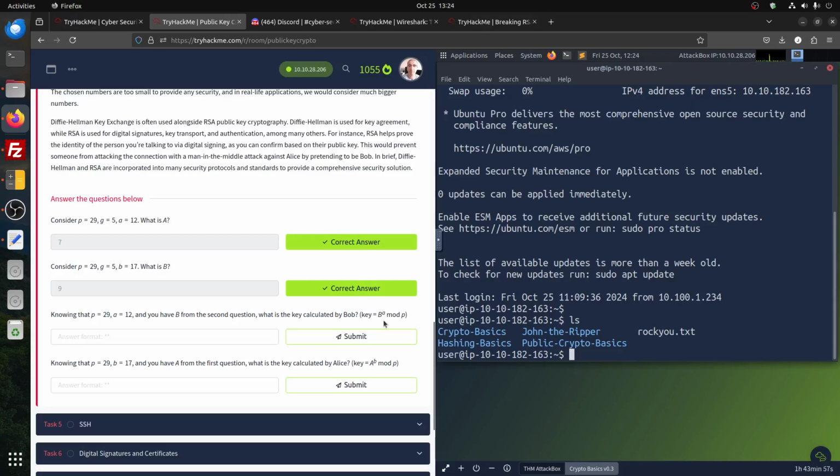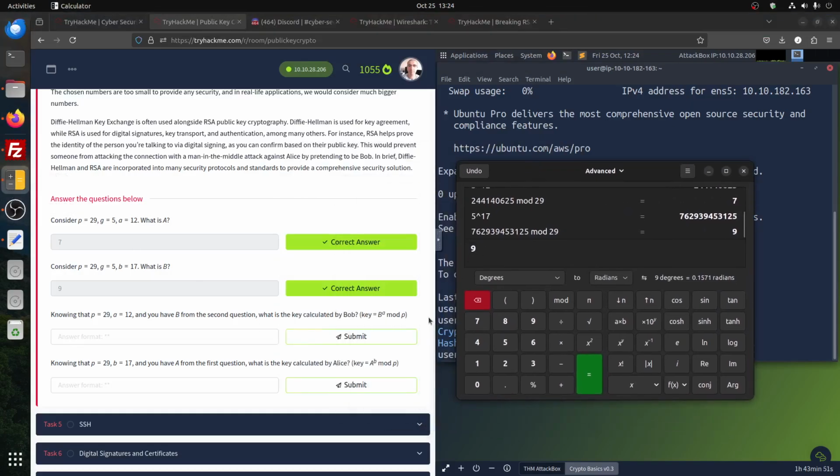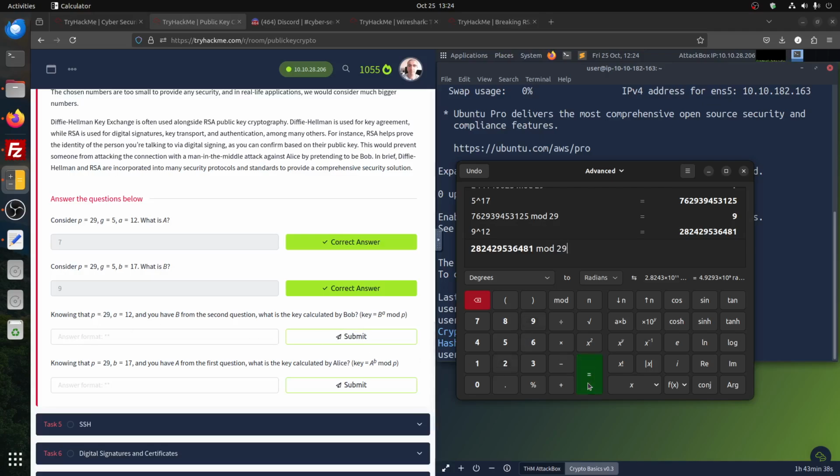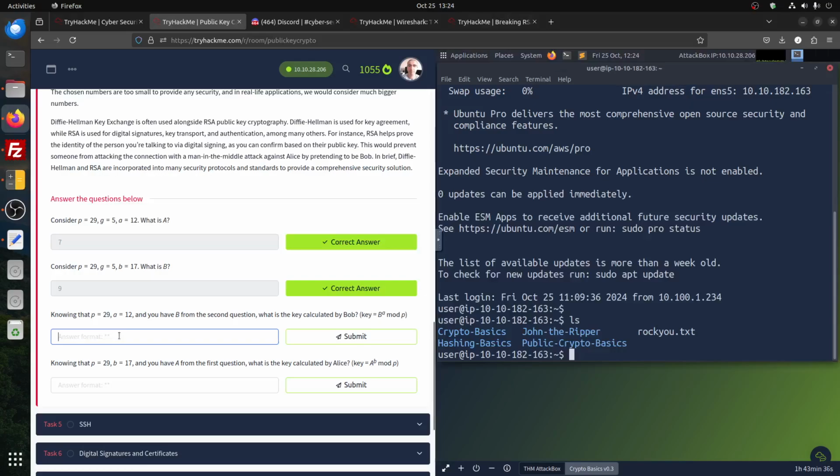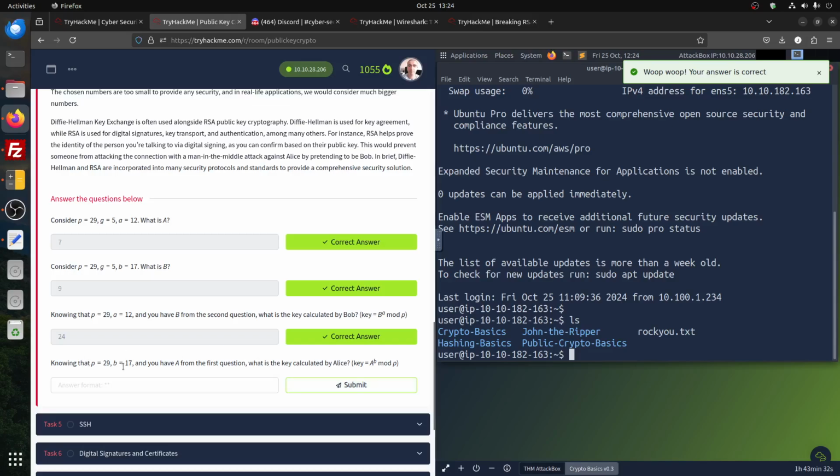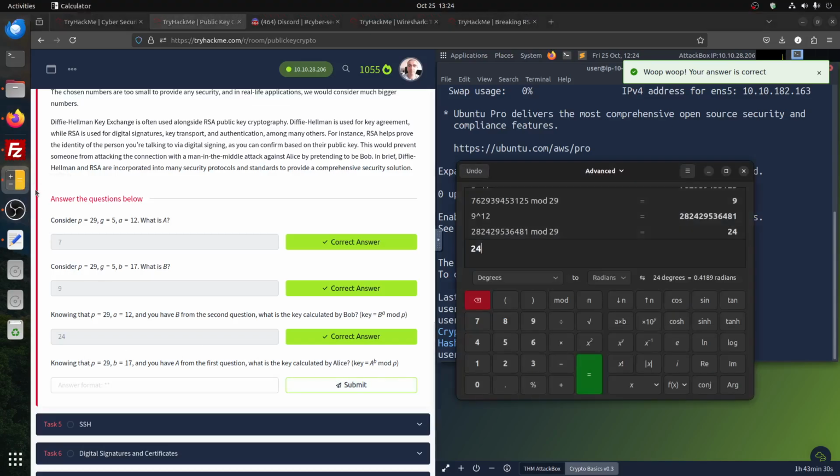Bob will calculate B power a modulo P. Don't get confused: B is 9, a is 12, so power to 12 modulo P, where P is 29, which is 24. And both of them will find the same number if we are correct.